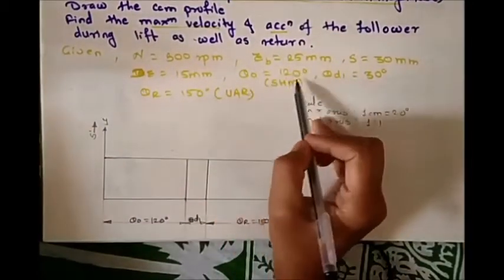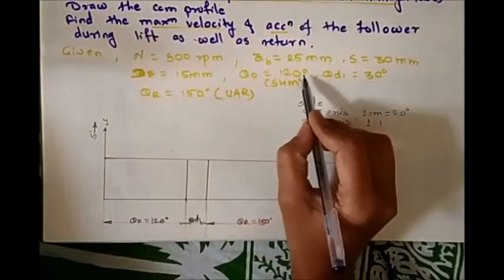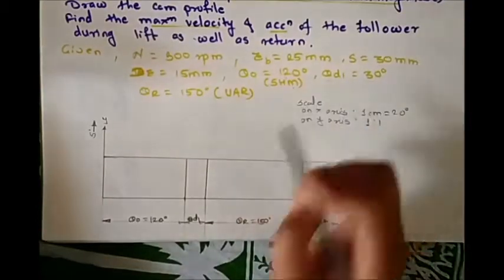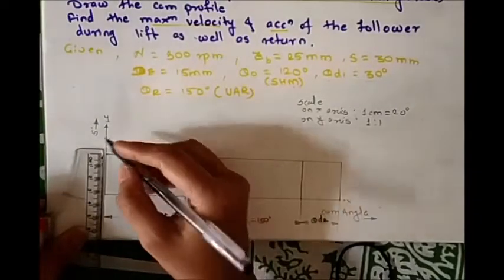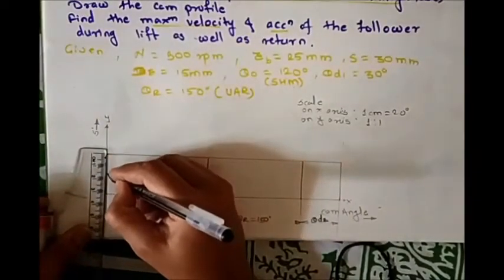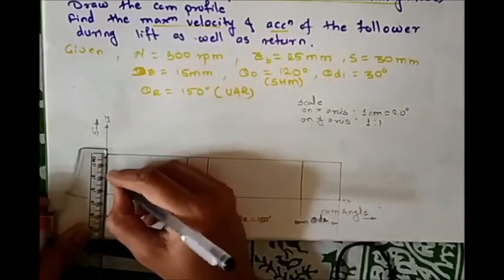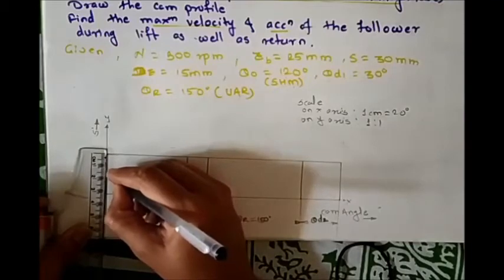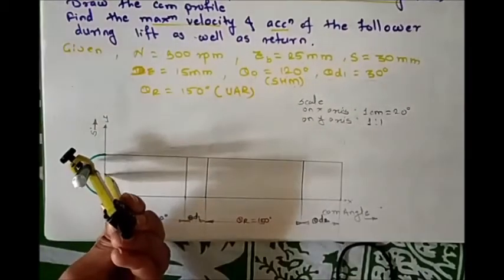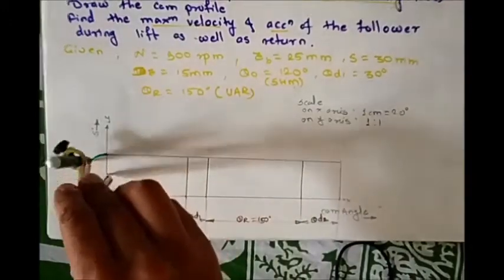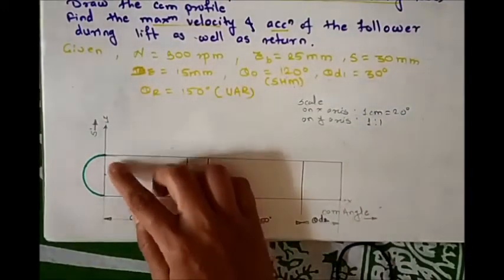Now see what they say: during outstroke there is a simple harmonic motion. So to draw the simple harmonic motion, firstly draw a simple harmonic semicircle having diameter equal to the stroke length. So here we draw the simple harmonic semicircle.